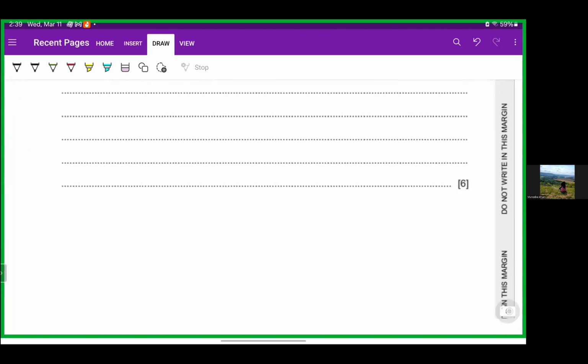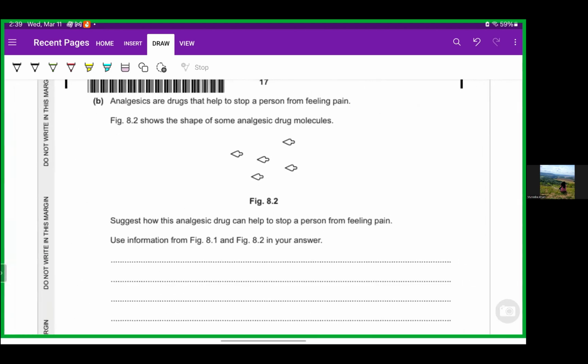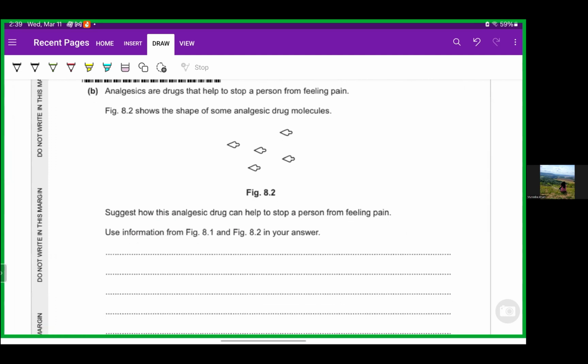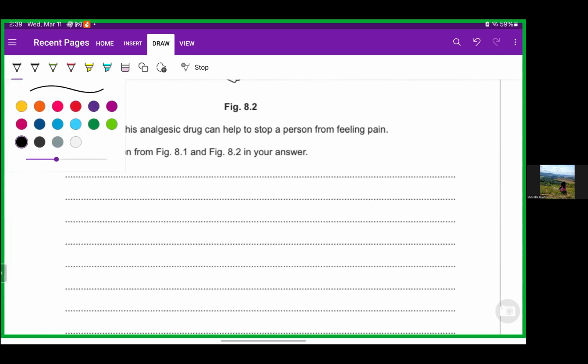Okay, now moving on to the next part. Analgesics are the drugs that help to stop a person from feeling pain. Figure 8.2 shows the shape of some analgesic drug molecules, suggest how this analgesic drug can help to stop a person from feeling the pain. So basically, there are pain receptors in our body.